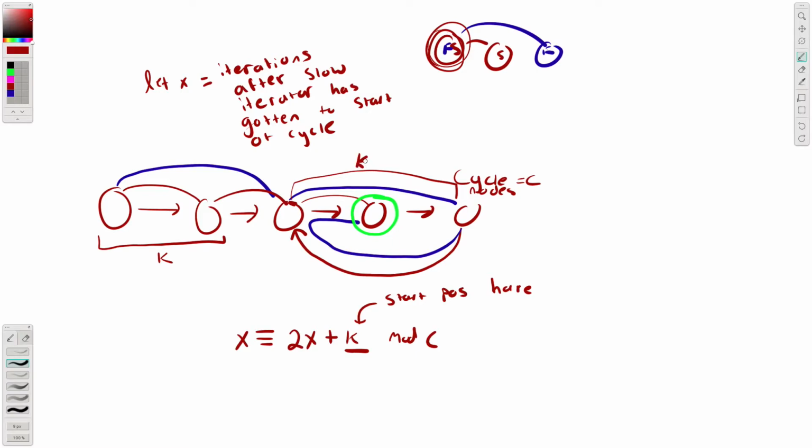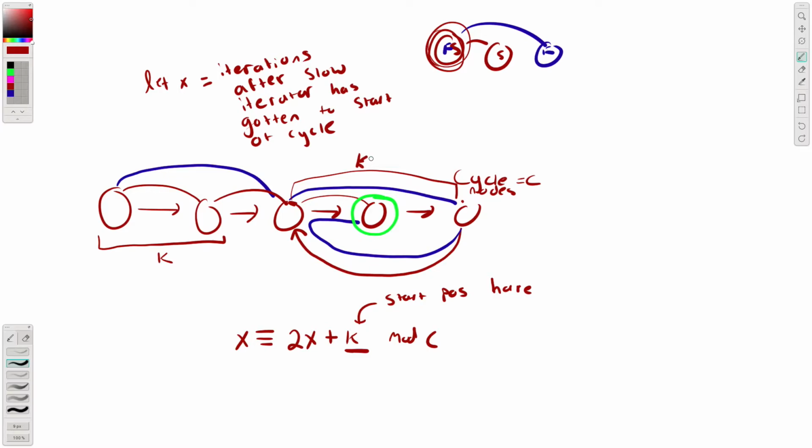How else? Let me rephrase this. So if the tortoise is going here, moved 2 iterations, that means the hare would get to here. And that is representative of the hare's head start from being in the cycle, the hare's starting position in the cycle.